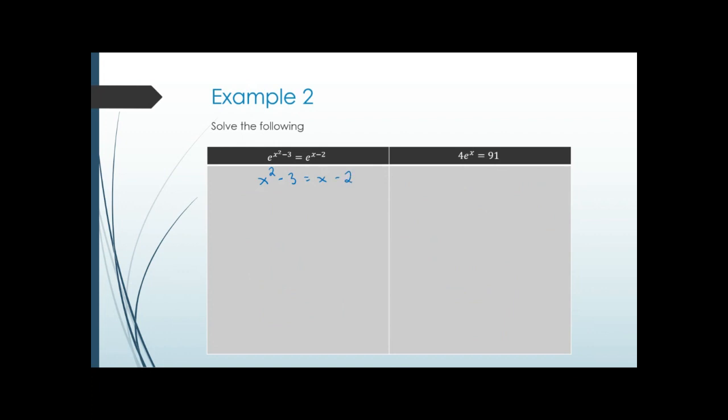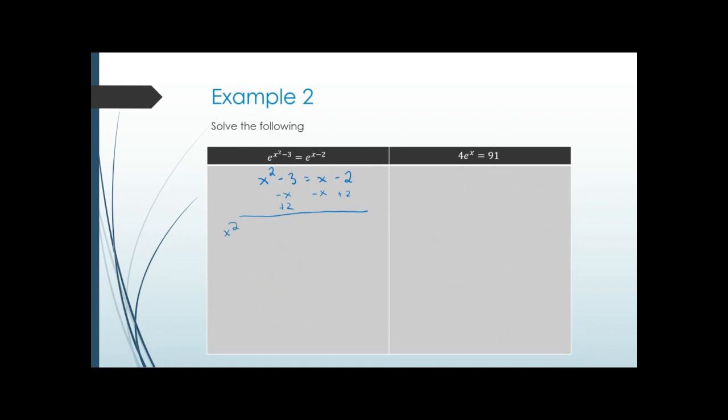Now here I have something that's quadratic because I have an x squared. So as soon as I see that x squared, that means I'm going to have to put everything on one side to set this equal to 0, because that's the only way we do to solve this. So I need to subtract the x from both sides. And I'm going to add 2 to both sides. And then I need to kind of put everything in line.